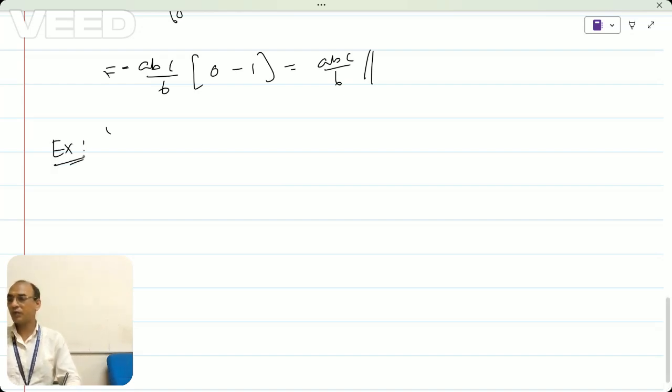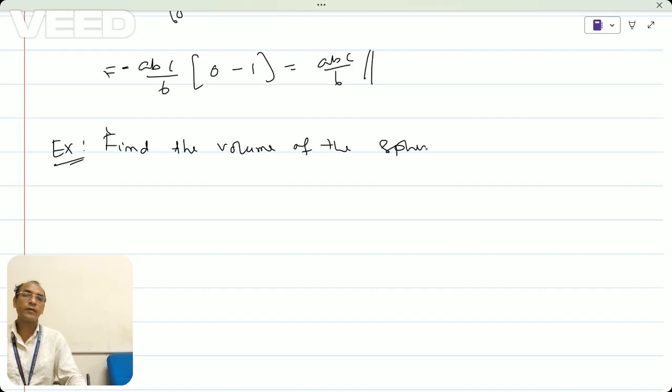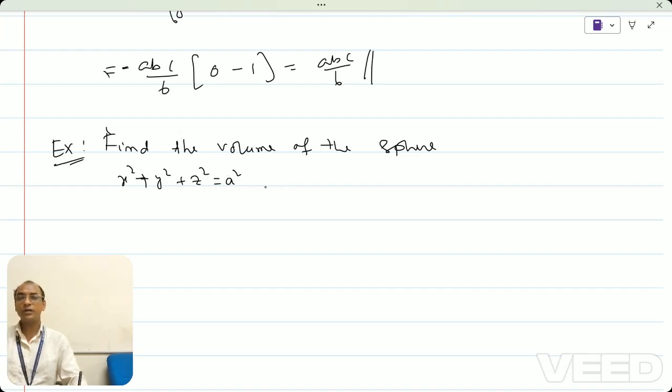We take another example here. Find the volume of the sphere x square plus y square plus z square equal to a square without transformation.